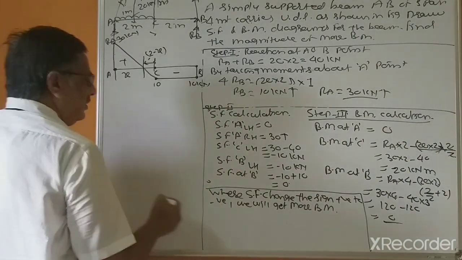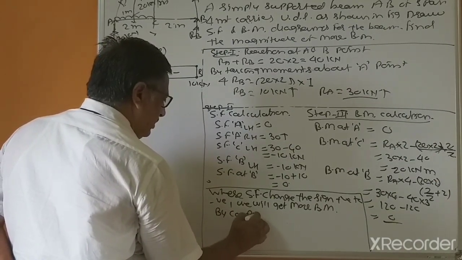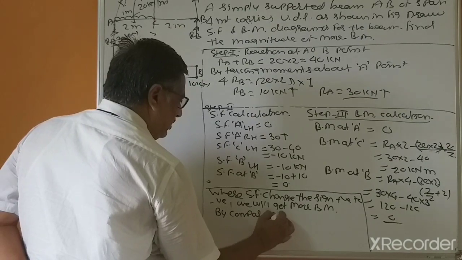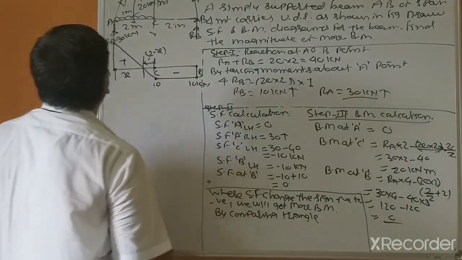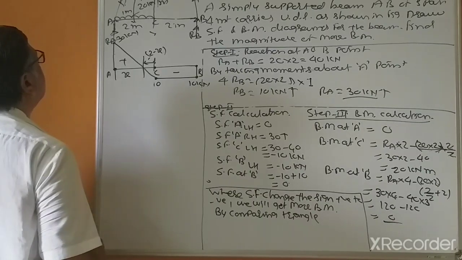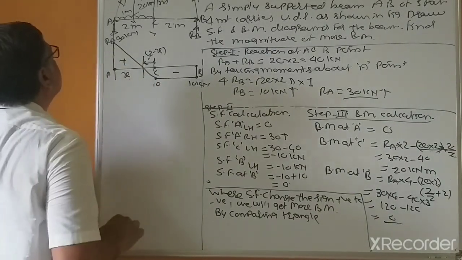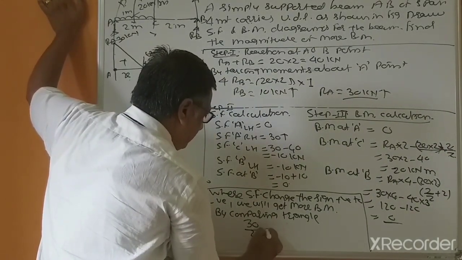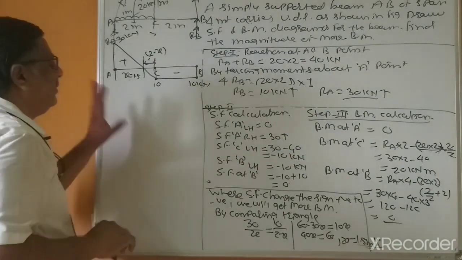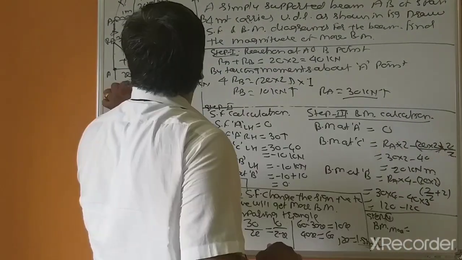So that's why here, by comparing triangles, this is X and this is 30. 30 divided by X equal to 20. So that's why here X is 1.5.